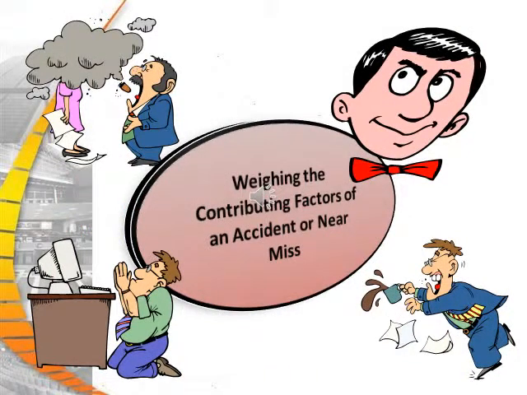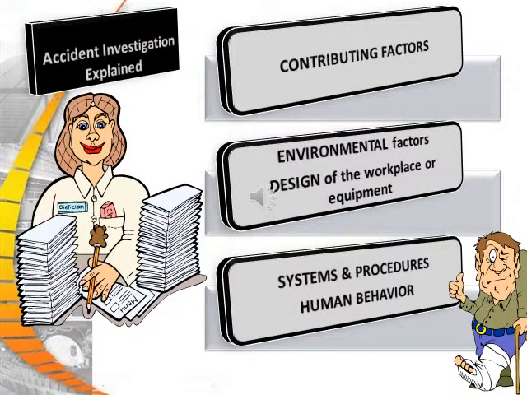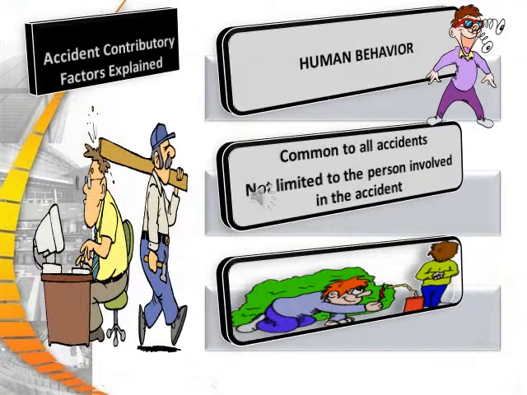Weighing the contributory factors of an accident or near miss. As we have stated before, contributory factors can be environmental factors, the design of the workplace, systems and procedures, and human behavior. Human behavior, of course, is common to all accidents and not limited to the person involved in the accident.